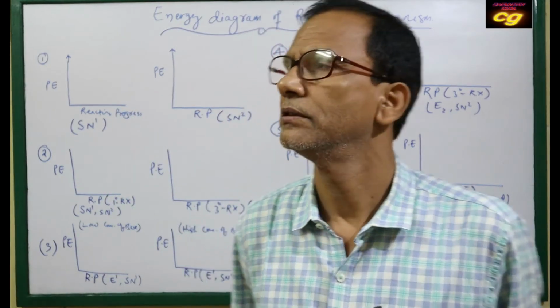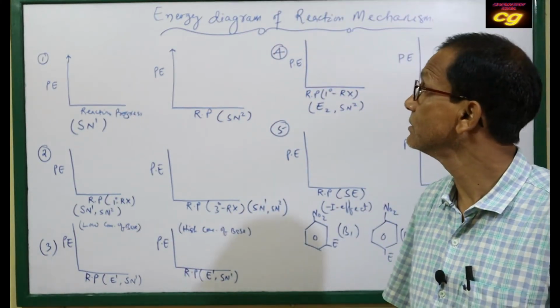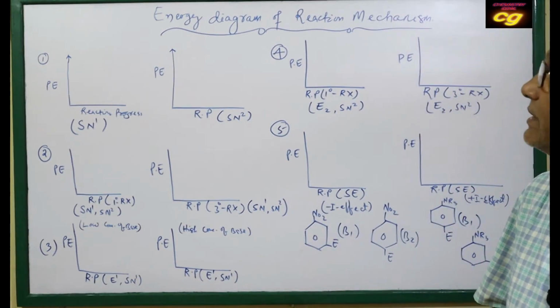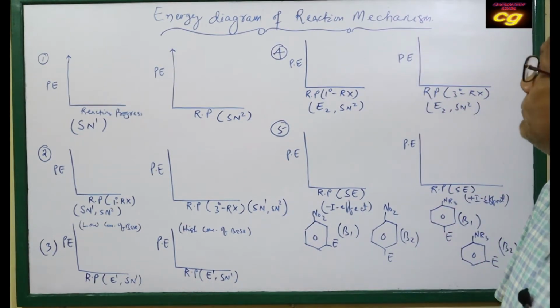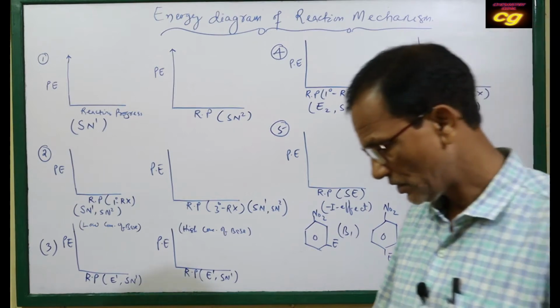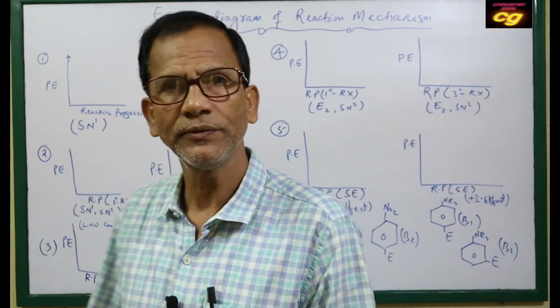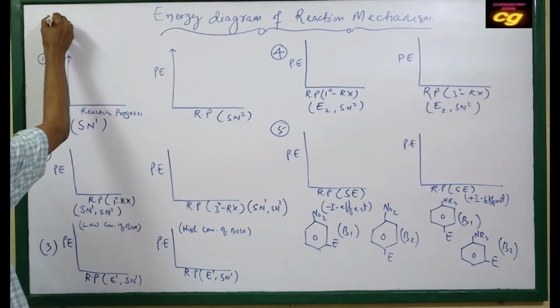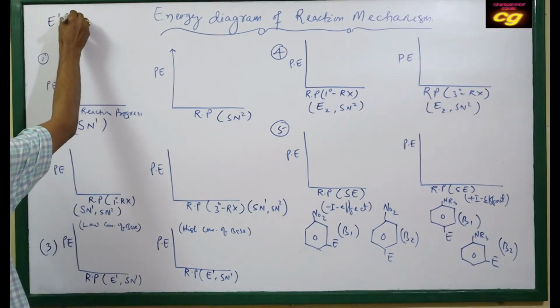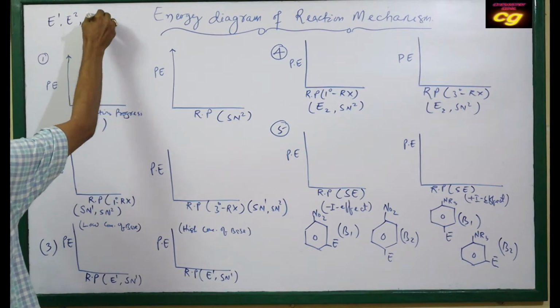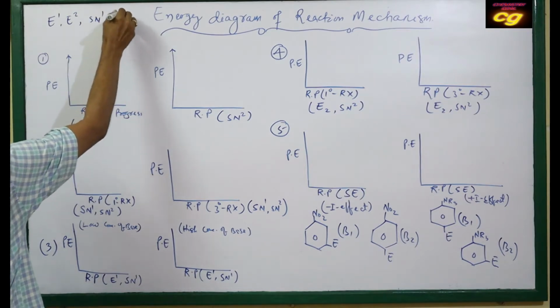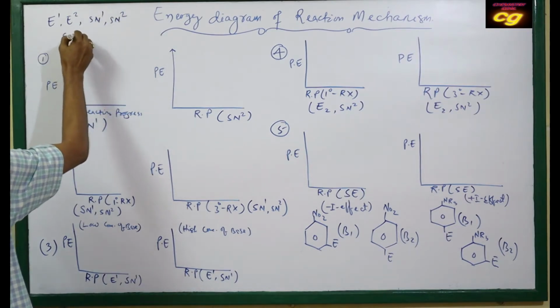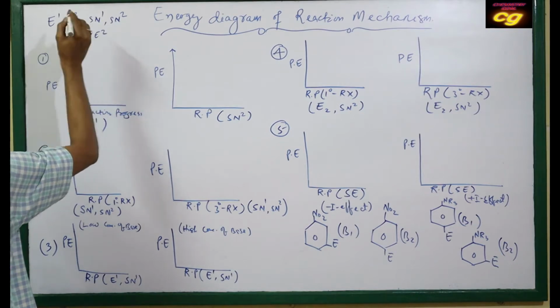Hello students, now we are going to discuss a very important topic, that is the energy diagram of reaction mechanisms. We have already read different types of reaction mechanisms, that is E1, E2, SN1, SN2, SE1, SE2, like this.